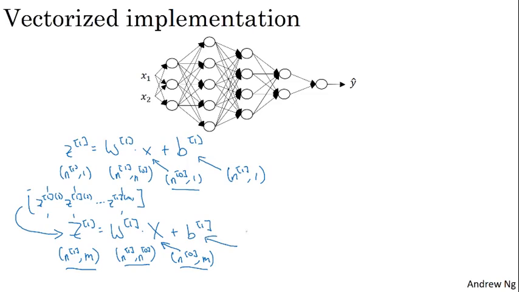Now the final detail is that B1 is still N1 by 1, but when you add it to the product, through Python broadcasting, this will get duplicated into an N1 by M matrix and then added element-wise.